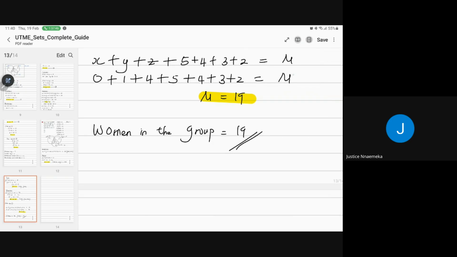So let me see if I can find another one. This is JAM 1999. Let me check again to see whether there's another one that we can work on. Okay, this one is P minus Q intercept R, the normal distance. I just want to be solving anything that has to do with Venn diagram.